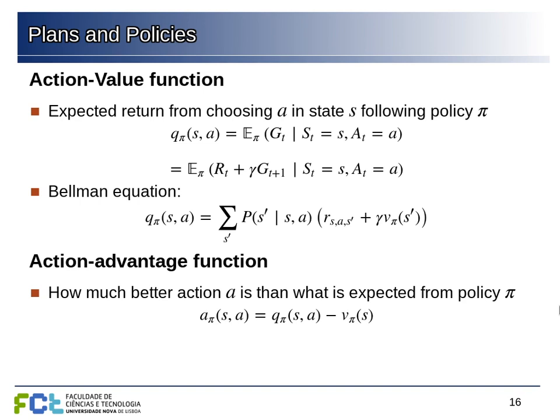So if it's zero, it means that our policy is giving us the best action, or at least as good as this one here, right? But if this one gives us a higher value than that one, we know that we can do better than what the policy is telling us. So if we have a positive action advantage function, we can see that there's something we can improve in the policy.